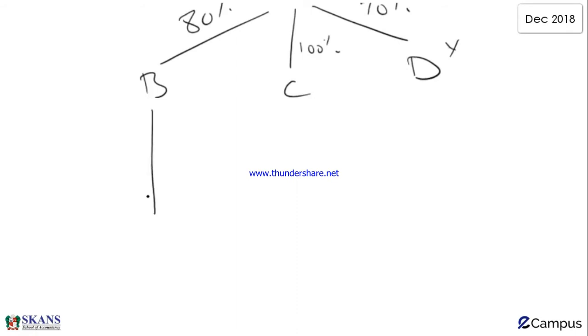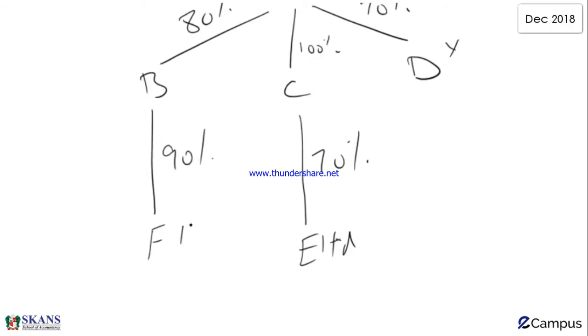Now, if I say there is a 70% subsidiary under C, that is E Limited, and there is a 90% subsidiary under B, that is F Limited, I would say that you should not check the effective holding of A in E. Why?